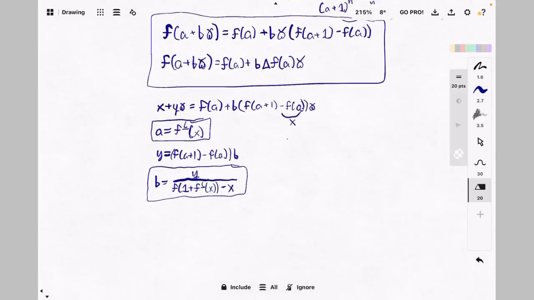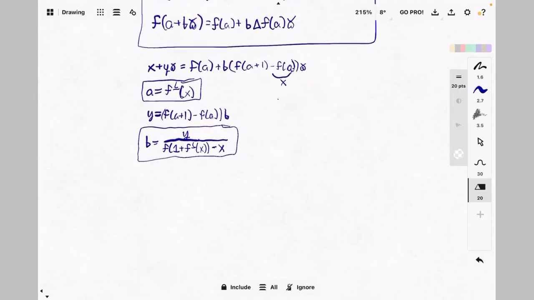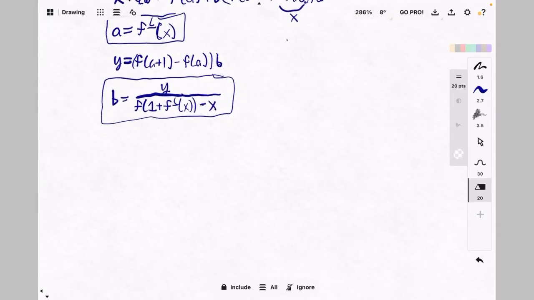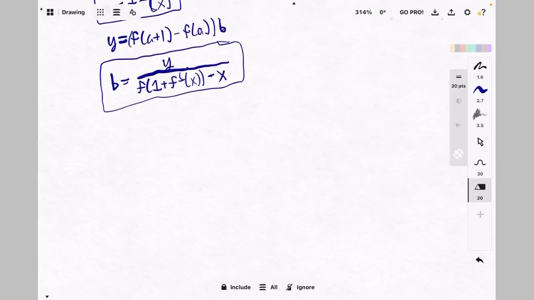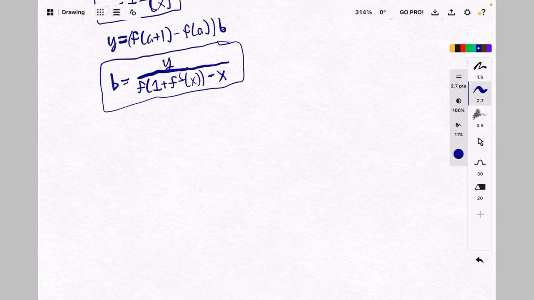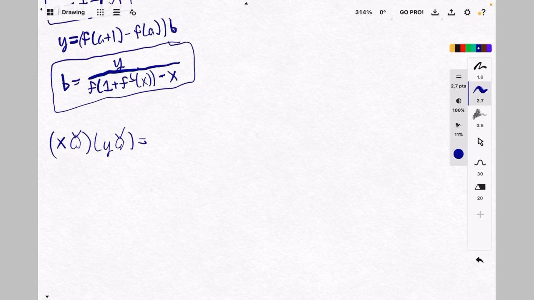And yes, there are other things that you can do. Like we explored, x telugu d times y telugu d equals x telugu d.